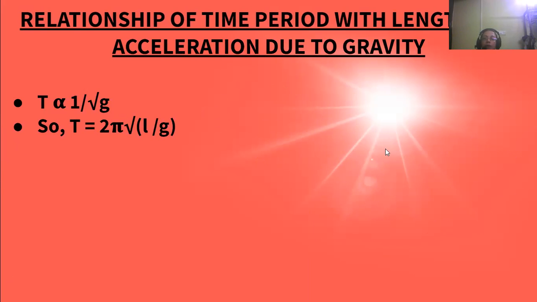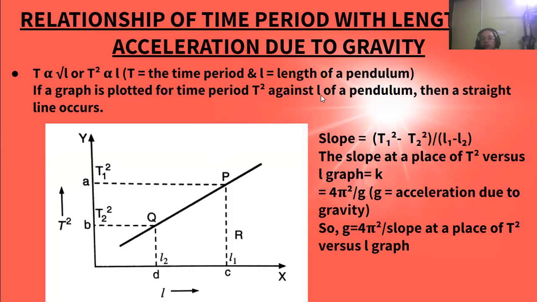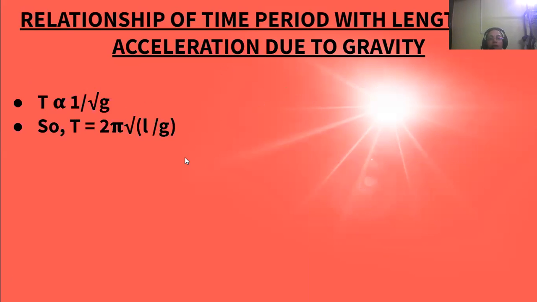This is the combination of the first and the second. The first is that T is directly proportional to the square root of L, and in this one, T is inversely proportional to 1 by root g.